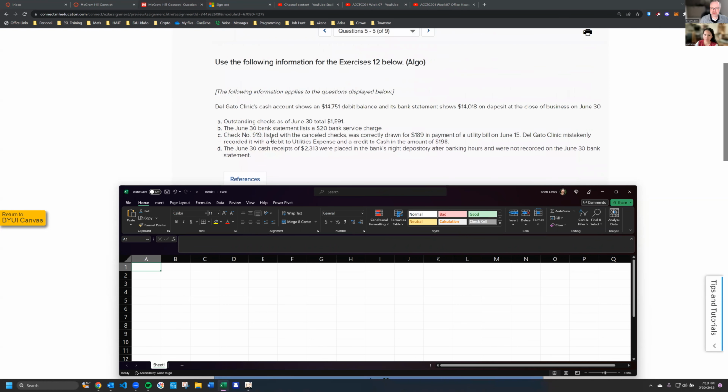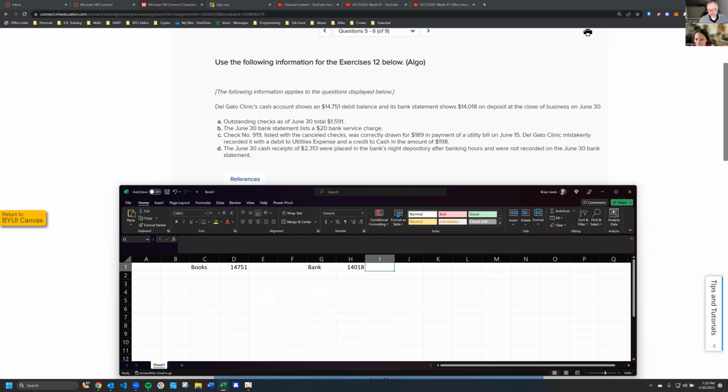Okay, so Delgato's Clinic's cash account shows a 15,751 debit balance, and his bank statement shows 14,018 on deposit. It's a different amount, right? Yeah. Okay, books is 14,751 and bank is 14,018.